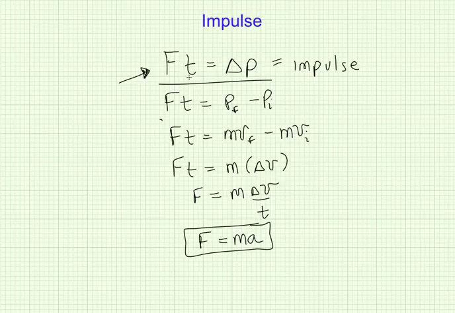By making the time as long as possible, that will allow you to make the force acting on the occupant smaller. And that's why it's so important to wear a seatbelt. What the seatbelt and the airbags do is make the time that the occupant comes to rest much longer, which then impacts the force, making the force much smaller.